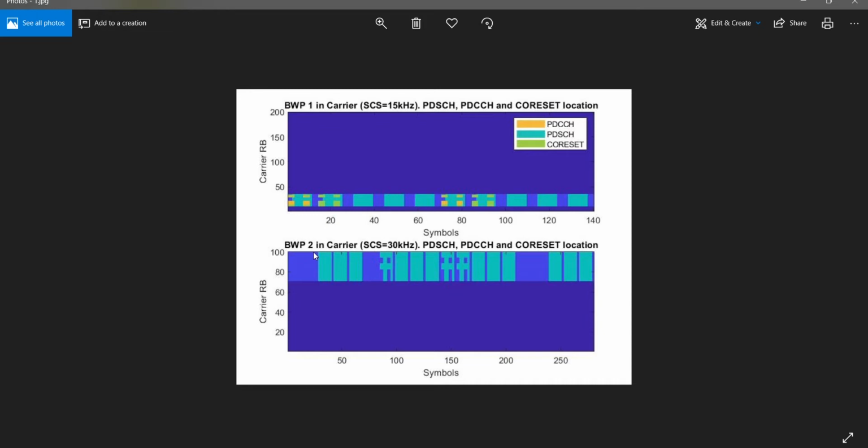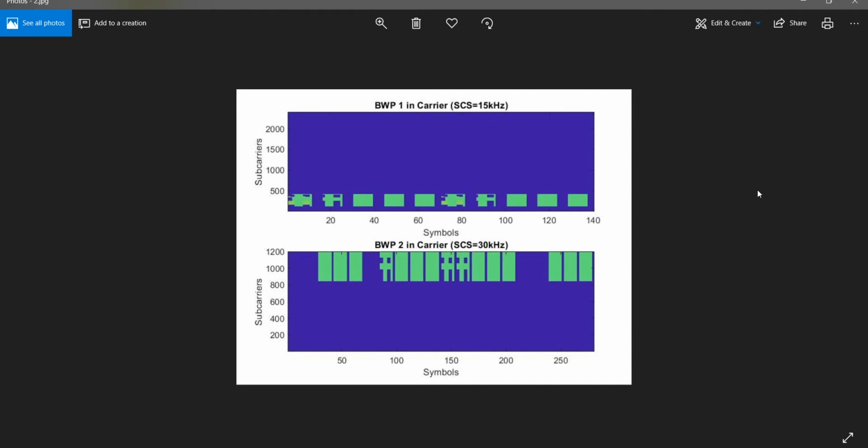Since we have defined 10 milliseconds or 10 subframes, this corresponds to 140 OFDM symbols in carrier 1, whereas it's 280 for subcarrier spacing of 30 kilohertz.